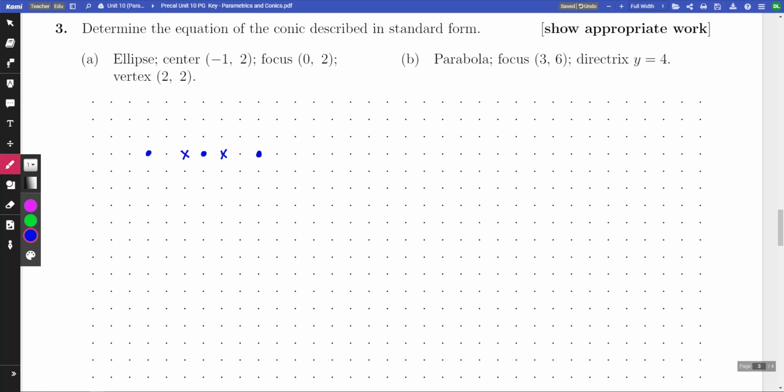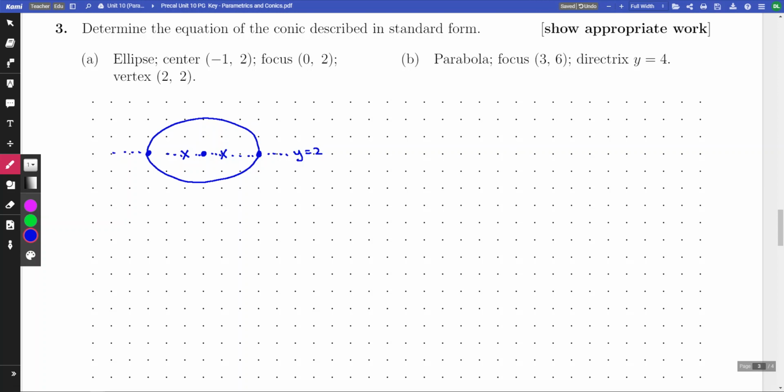So I know the general shape of my ellipse is going to be stretched horizontally because the y values for all of these are along the horizontal line y equals 2.